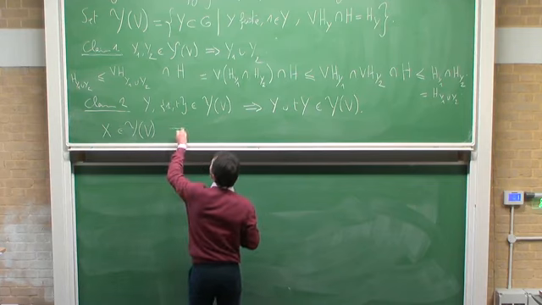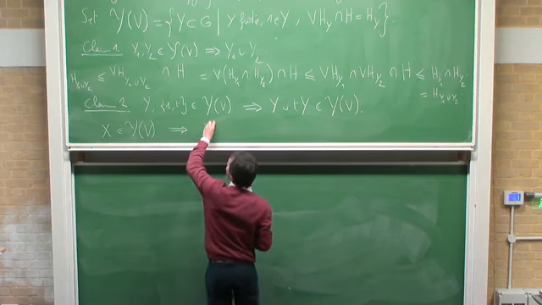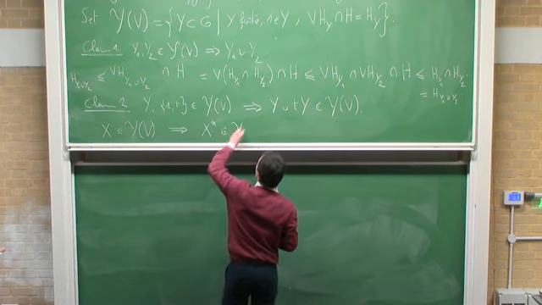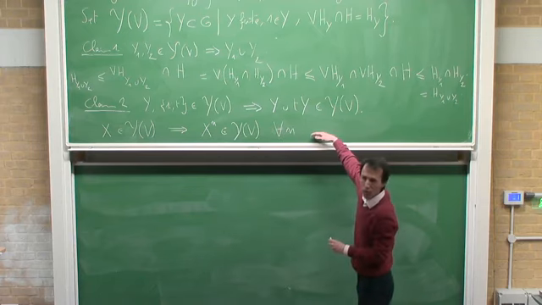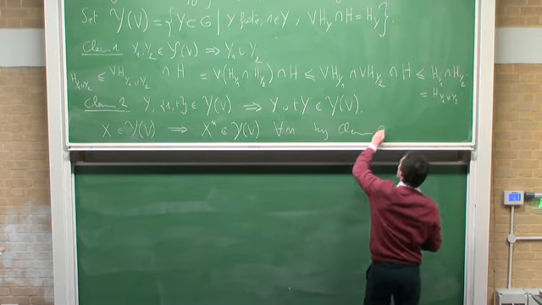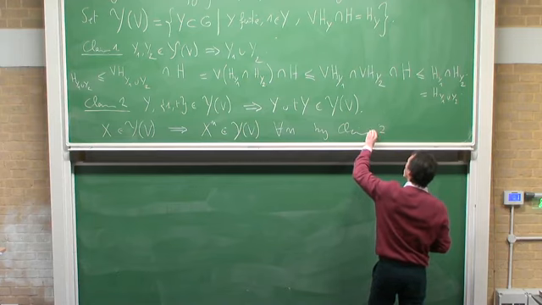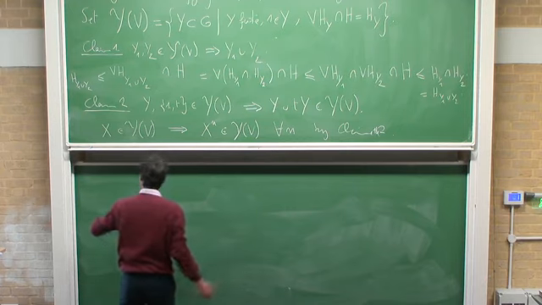I want to claim that Xn is there for all n, which follows from my claims 1 and 2. And so what does this give to me?